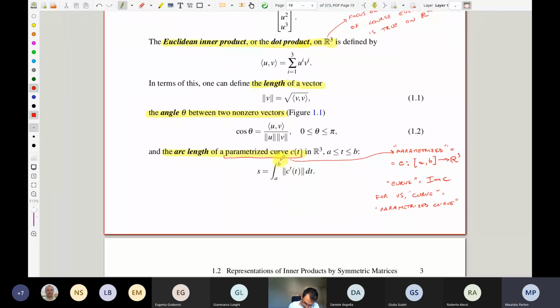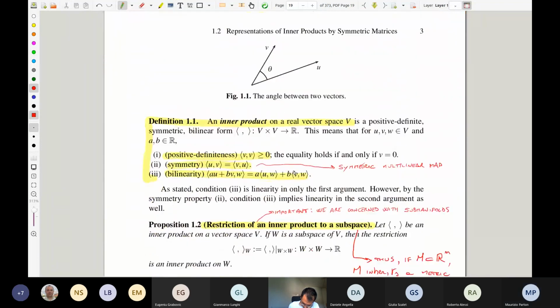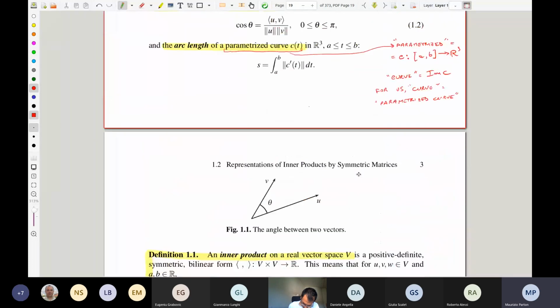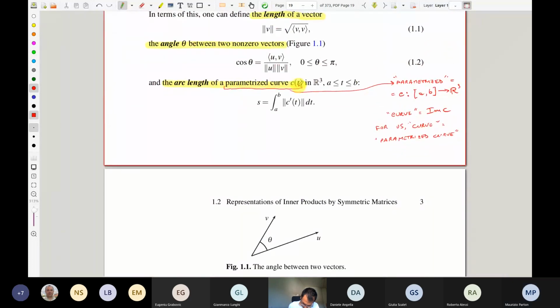And you can integrate it, and this is a good notion of length of the curve. This means, in particular, that you can parameterize the curve with its length.